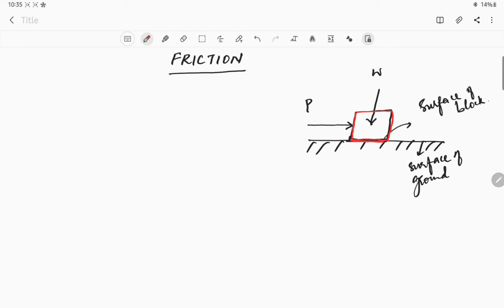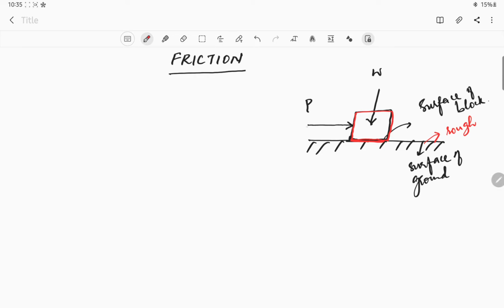If the block is moving in the right side direction and the surface is rough, then a frictional force is developed in the opposite direction to the movement of the block.